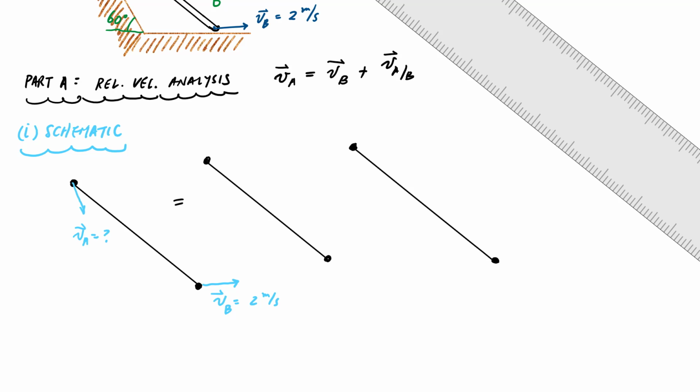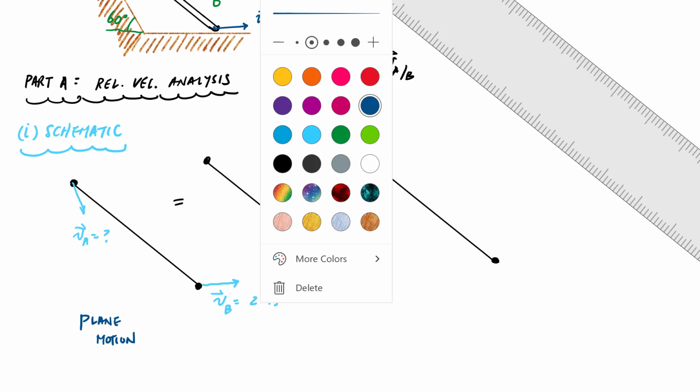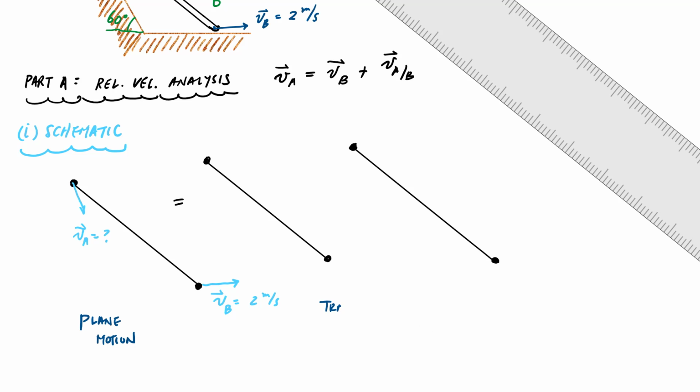This is my plane motion side of the drawing. I'm going to apply one of the velocities, typically the known velocity, as a translation of the rigid body. This middle drawing reflects pure translation, and we translate the rigid body according to point B. Every point on the rigid body will experience the same velocity, which in this case is VB. We're breaking up this plane motion into a translation plus a rotation.